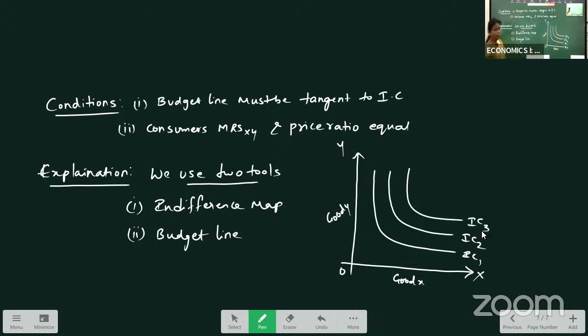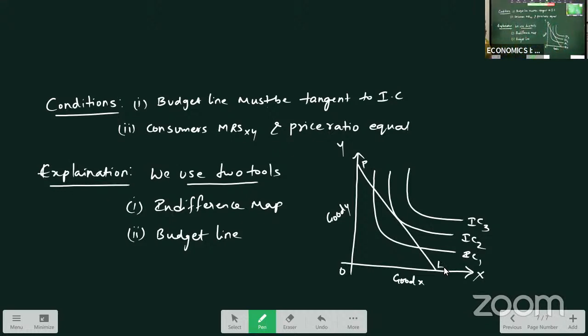Now I got my indifference map here, right? Indifference map is nothing but a set of indifference curves, right? What is budget line? It shows the combination of two goods based on price of the commodity and consumer's income. Okay, so my budget line is sloping downwards like this. So this is my budget line or price line.